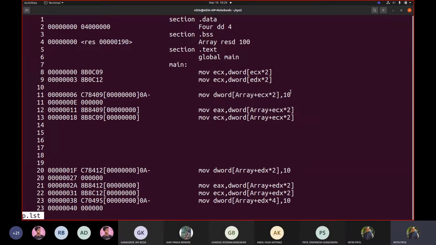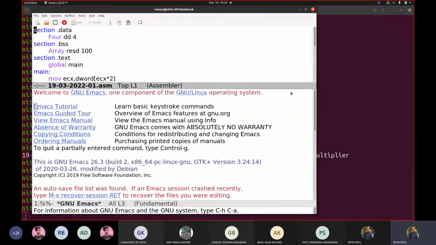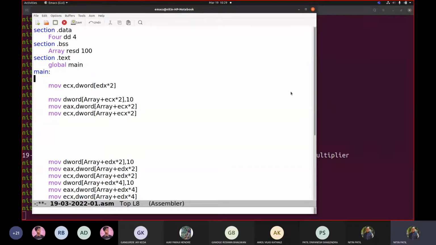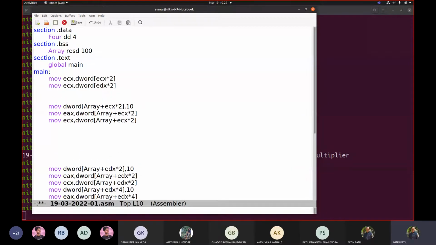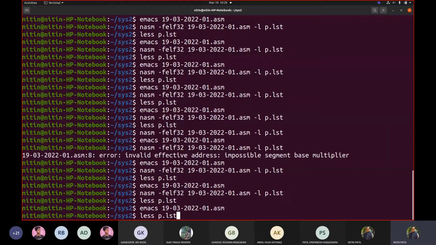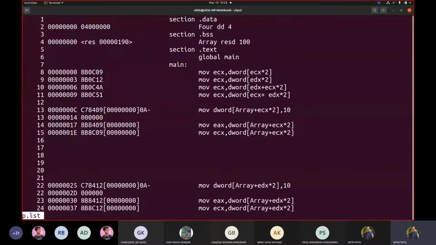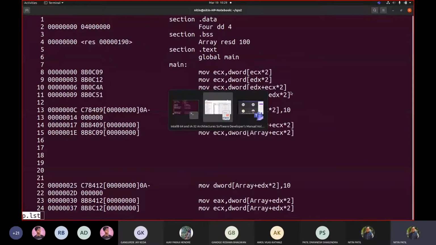So if I add some register here, it is showing 4A 51.